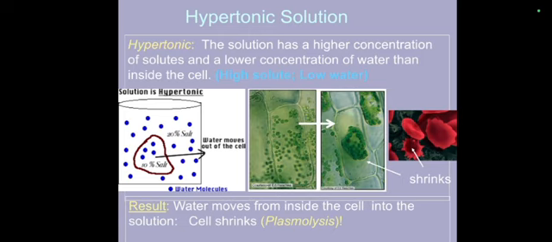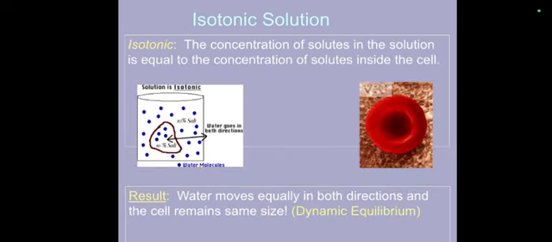Next, the hypertonic solution is a solution of higher concentration of solute and lower concentration of water than inside the cell. This is the opposite of a hypotonic solution. The result is water moves from inside the cell into the solution. The cell shrinks, that is plasmolysis. Next, isotonic solution.